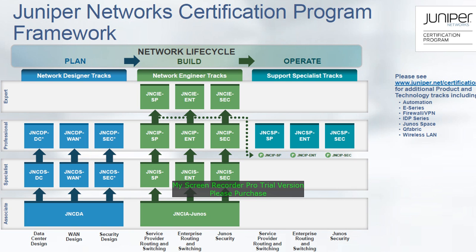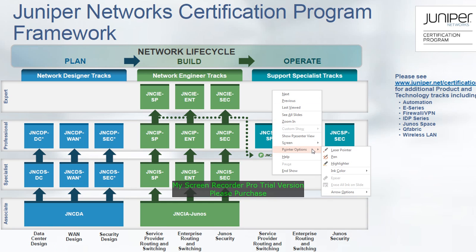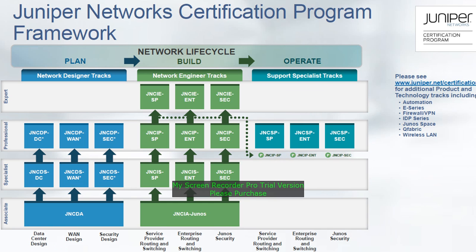So in Juniper there are mainly three tracks. For the initial level we have to do JNCIA, which is Juniper Networks Certified Internetwork Associate. This is the first initial certification which you have to do for the further tracks.